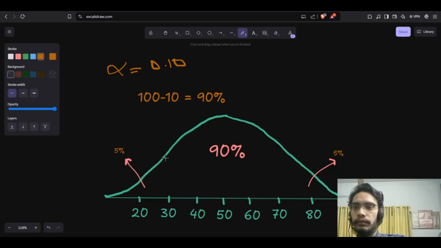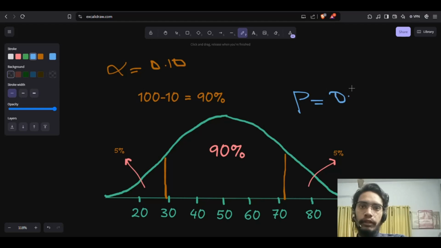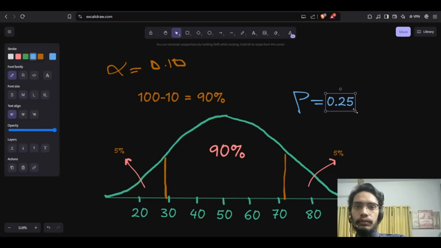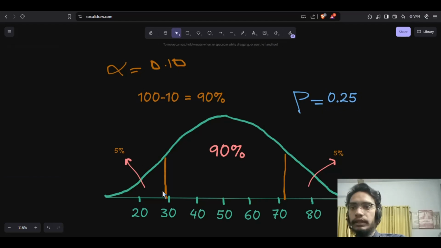Let's say now your distribution is like this, right? Let's say till here. If I toss the coin 100 times and I got a p-value of, let's say, 0.25, right? So this 0.25 value lies in this region, right?